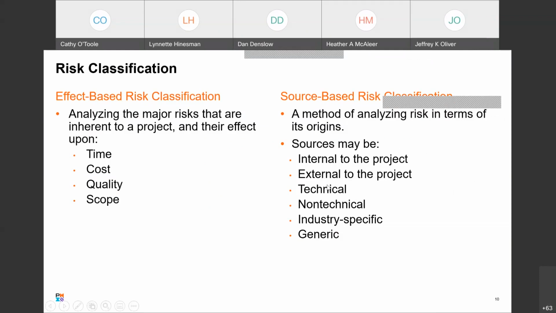Okay. So external to the project, like I said, for us in the tax team, one is the legislation. Technical, so if there's a new type of architecture being used to develop the system or enhance the system or whatever, and it's something that's never been done before in our group, that could be considered a technical source of a risk.